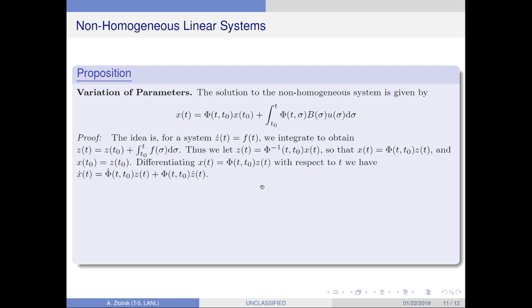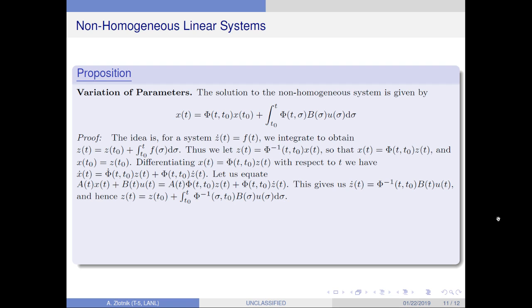Differentiating this expression with respect to t, we have x dot equals phi dot z plus phi z dot. Now, if we equate A of t x plus B of t u to A times phi z plus phi z dot, that is x dot, because x dot equals this expression in dynamics, this will give us that z dot must equal phi inverse times Bu.